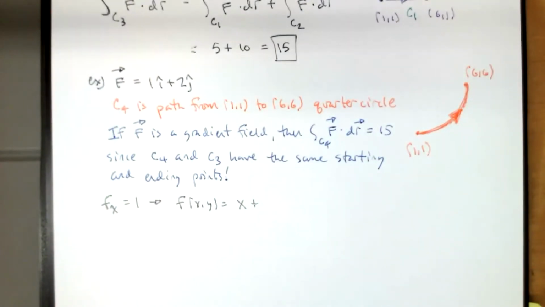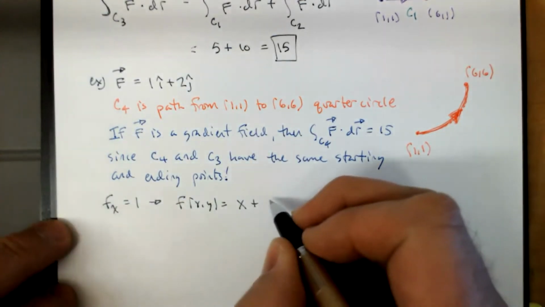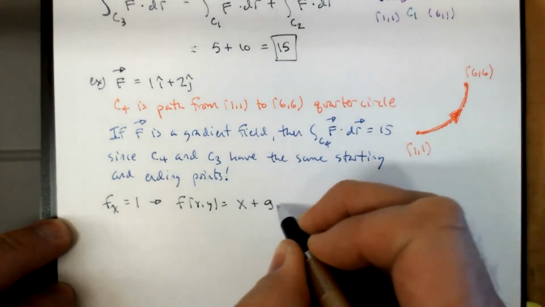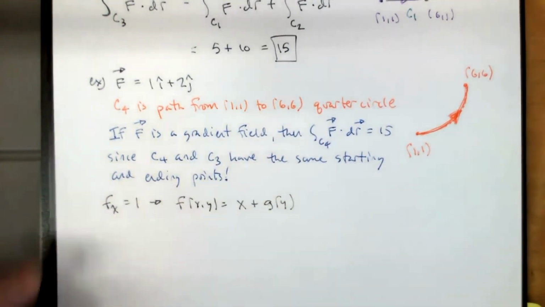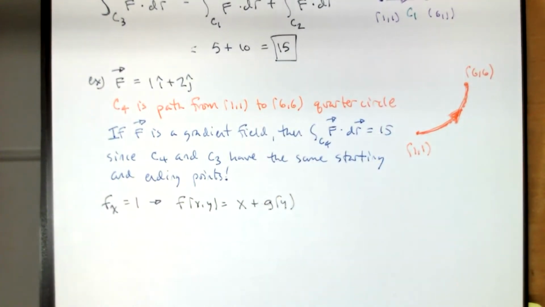Don't use the same letter for all your functions. Don't do George Foreman math. Just give them all the same name. So it'd be some other function of just y. So we integrate with respect to x, but that means any function of y is also a constant.